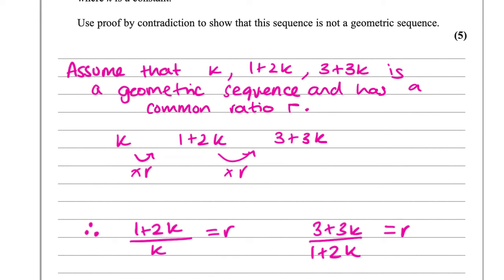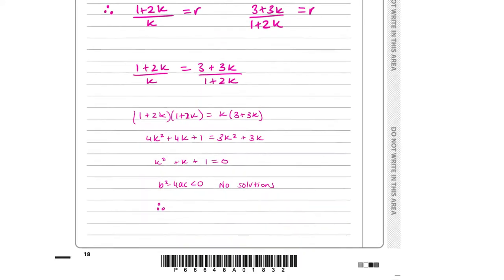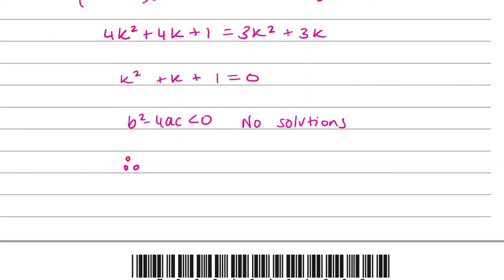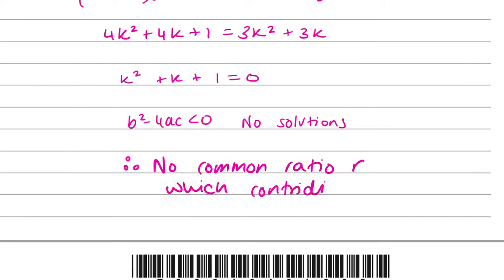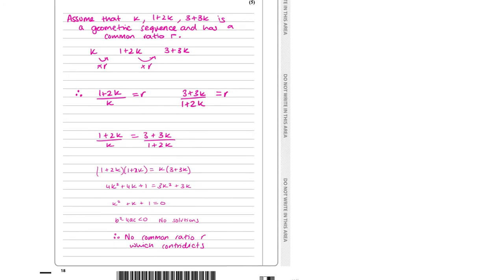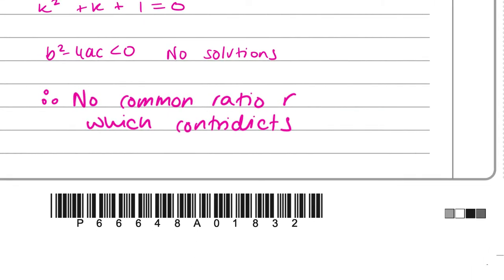Okay, so it's okay for us to go back and change what we're assuming because actually what we've proved is that there is no common ratio r. So b squared minus 4ac has no solutions. Therefore, no common ratio r, which contradicts a geometric series.